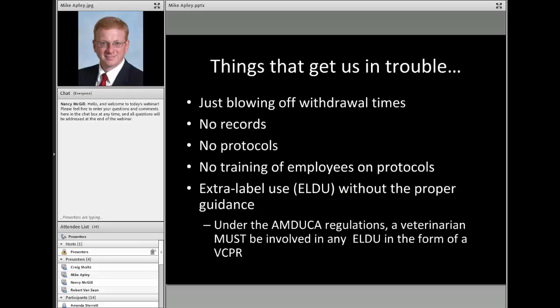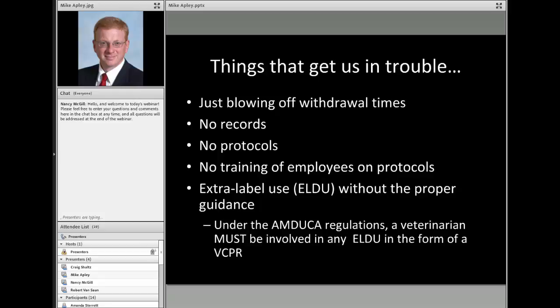So here's some things that really get us in trouble. They include just blowing off withdrawal times, having no records, no protocols, no training of employees on protocols, and extra label use without the proper guidance.